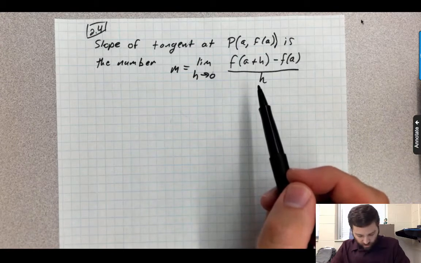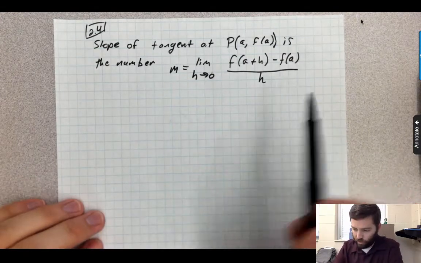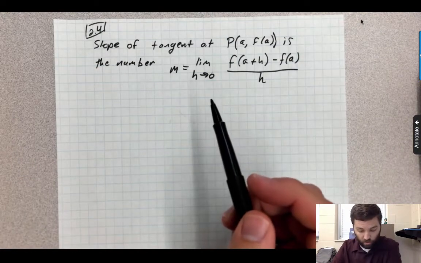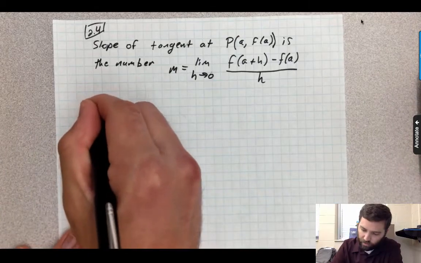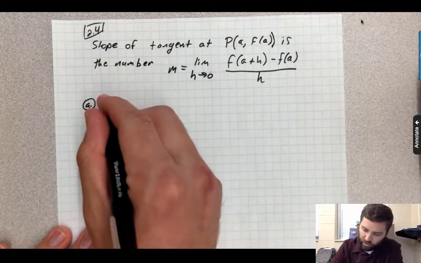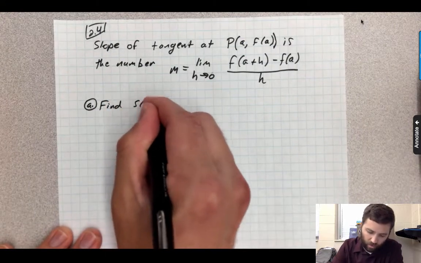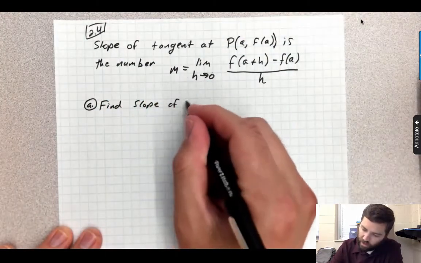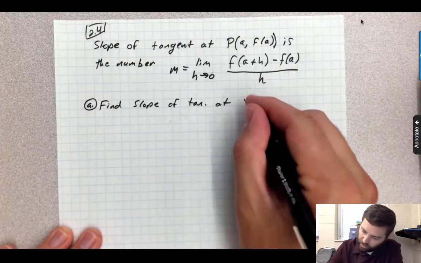So in these examples here, and we might do 2 short videos instead of 1 longer video, let's get started. We're going to do 2 things in each example. Step A is to find the slope of the tangent at x equals a.